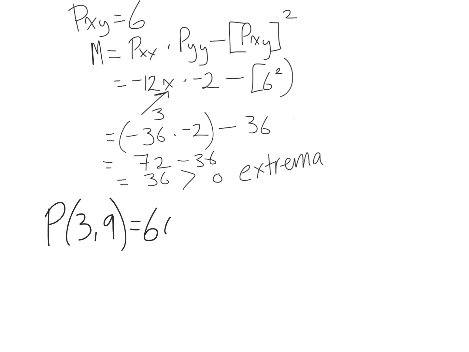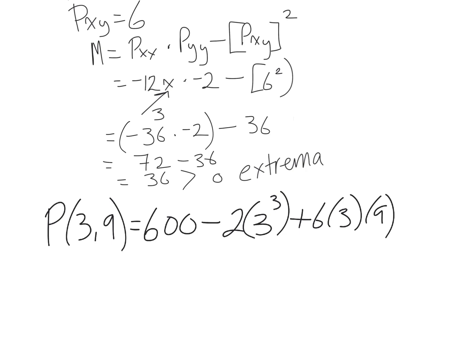So it was 600 minus 2 times 3 cubed plus 6 times 3 times 9 minus 9 squared. I think that's right. That function. So what is the maximum profit at those values of x and y?